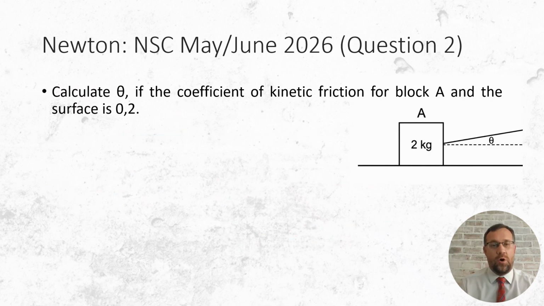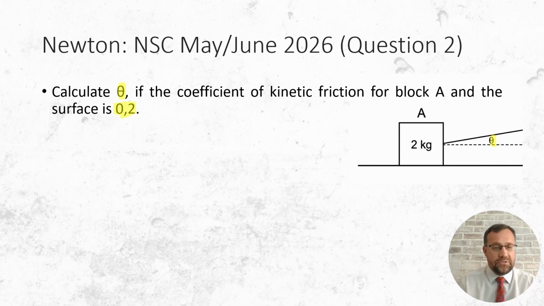For another 5 marks, calculate the angle theta given that the coefficient of kinetic friction between block A and the surface is 0,2. Let's focus on the vertical forces acting on block A. It was not asked, but let's draw a free body diagram.